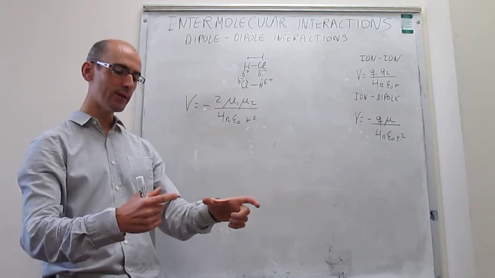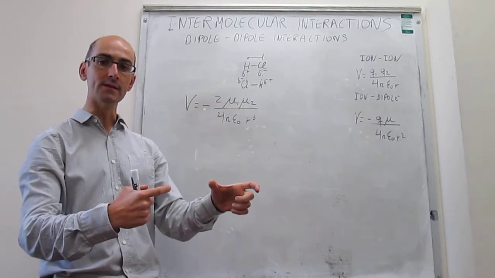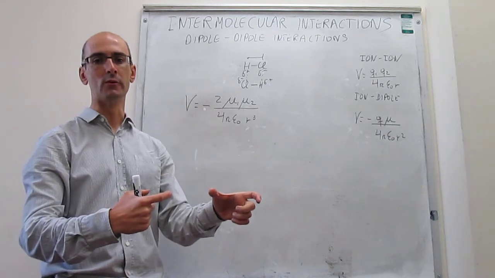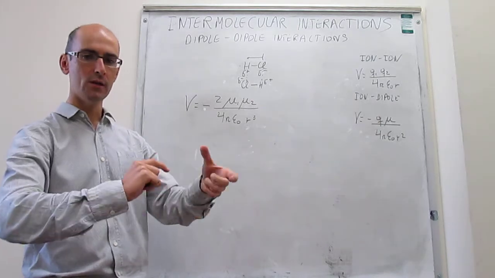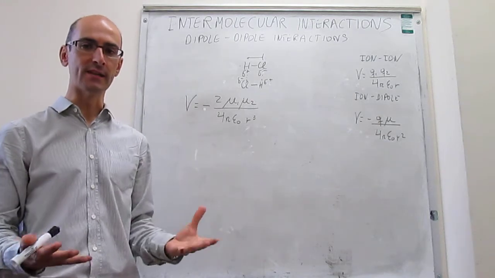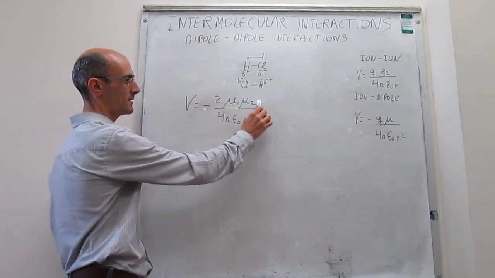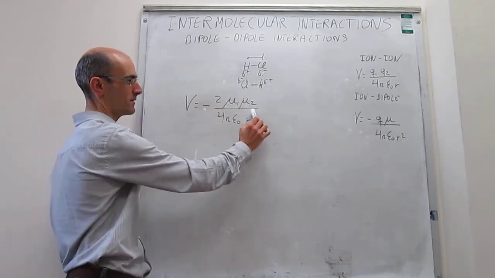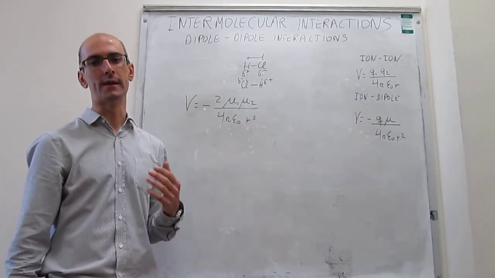The way that we've written it simply indicates that the dipoles are oriented in the most favorable orientation. If you have other types of orientations, you will have to modify this equation slightly, but we're not interested in that. We're simply interested in what causes the interaction and the range of the interaction. All right, this equation also only applies to the gas phase.